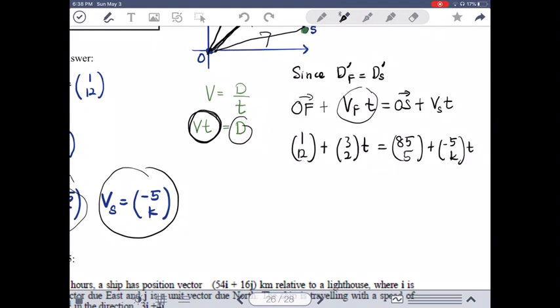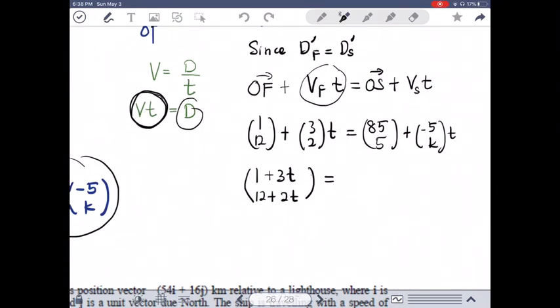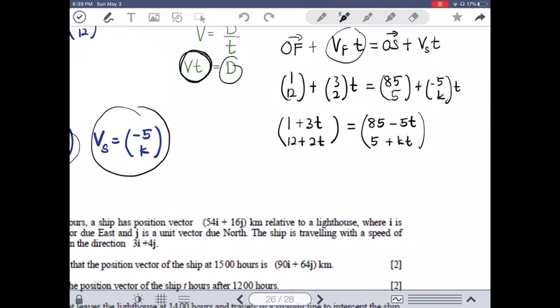So we have 1 plus 3t. Down you have 12 plus 2t is equal to 85 minus 5t, 5 plus kt. Okay, so now we have component i and component j.